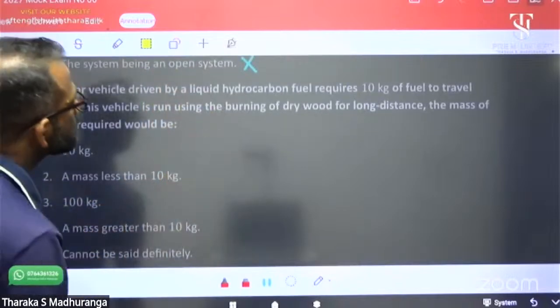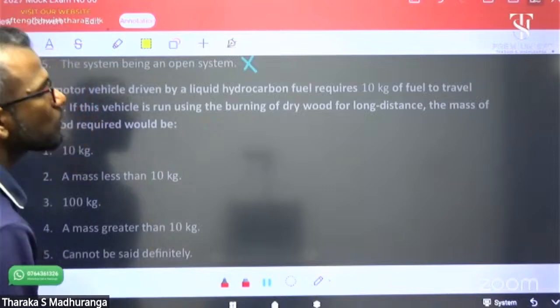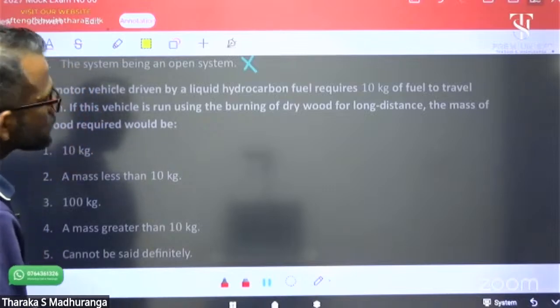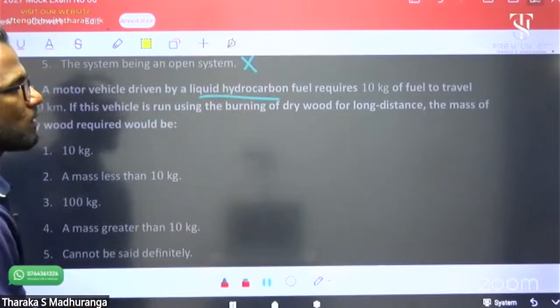A motor vehicle driven by a liquid hydrocarbon fuel required 10 kilograms of fuel to travel 100 kilometers. Liquid hydrocarbons means petrol or diesel.